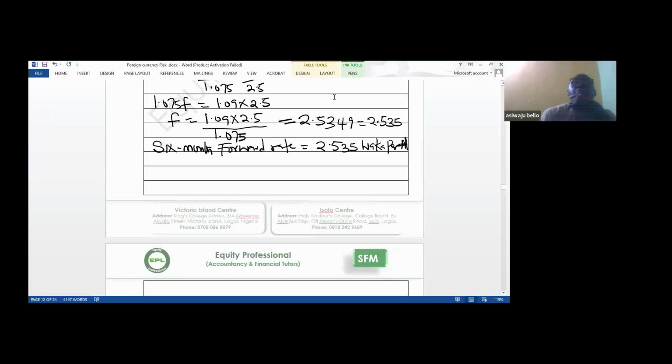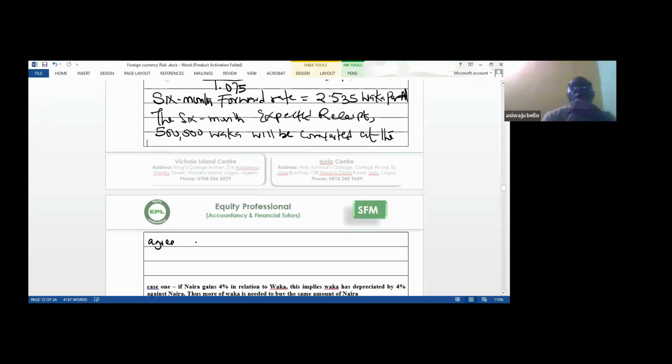Look at it. The 6 months expected receipts, 500,000 waka, will be converted at the agreed forward rates.